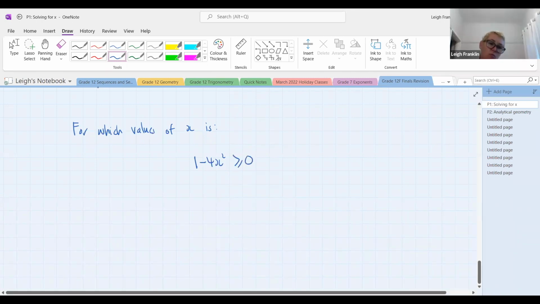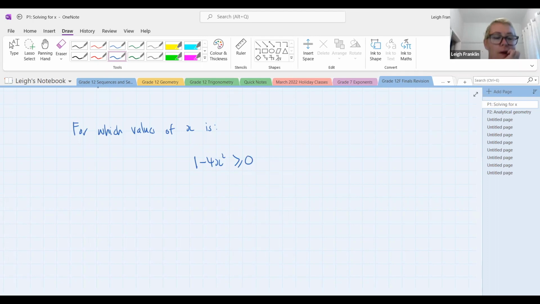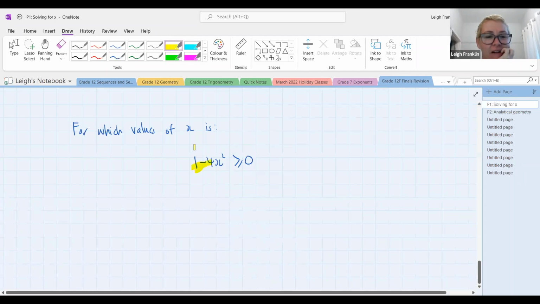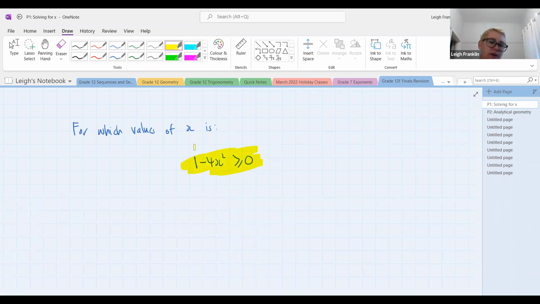Let's do 1 minus 4x squared greater than or equal to 0. So, Pabalo, this is your question. For which values of x is 1 minus 4x squared greater than or equal to 0?